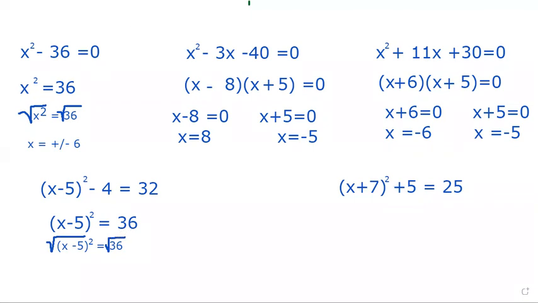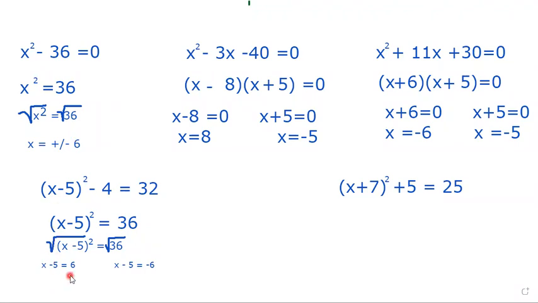So now this leaves us with x minus 5 is equal to 6. And also x minus 5 is equal to negative 6. We can remember, as we said before, the square root of 36 was plus or minus 6.